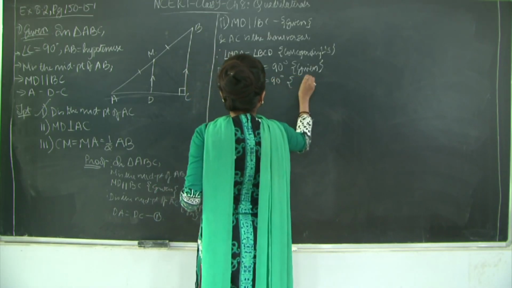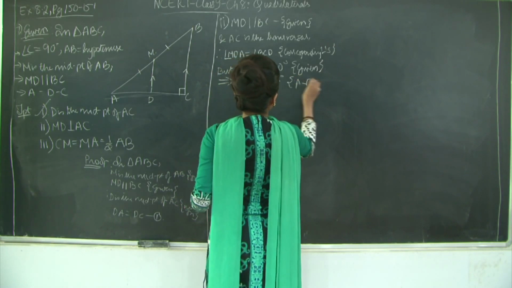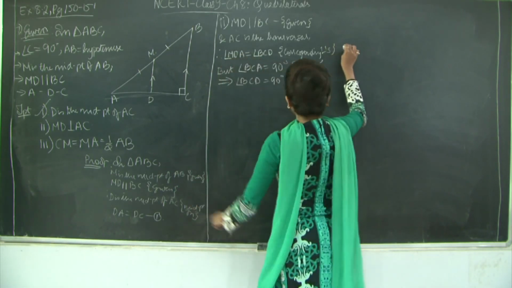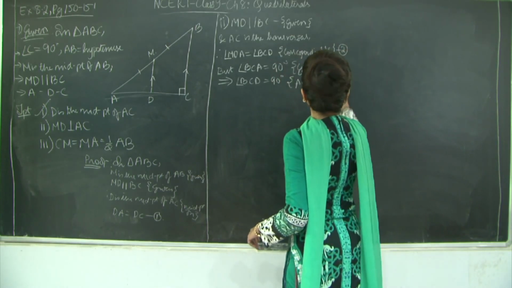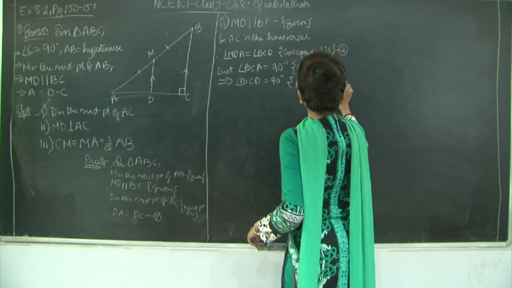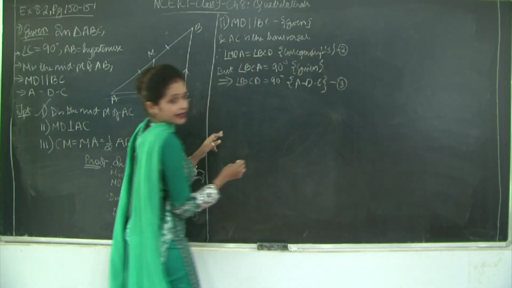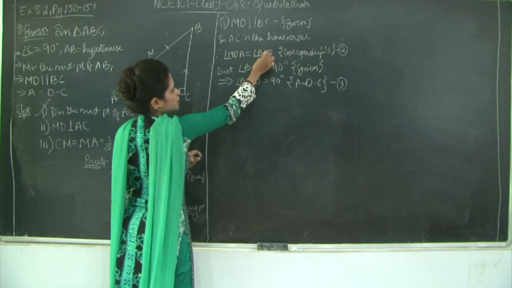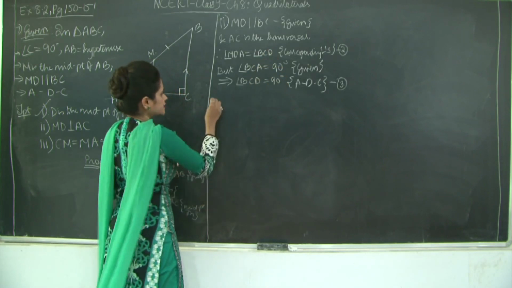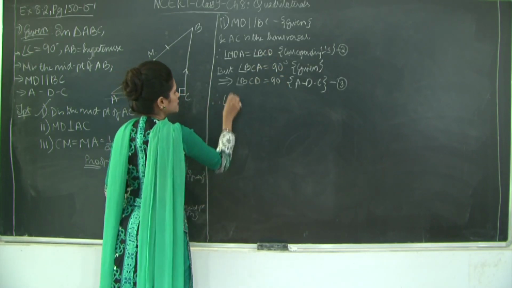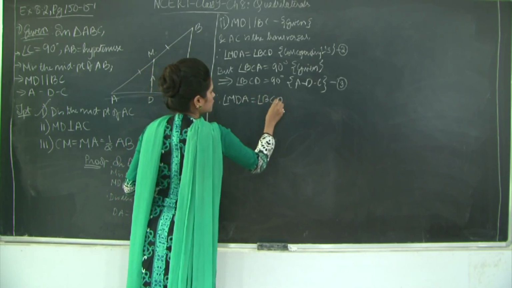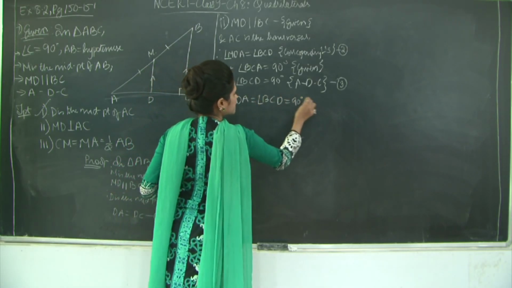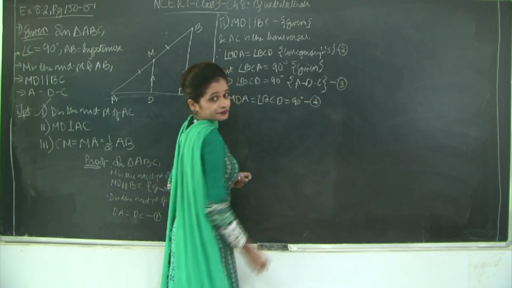Because D lies between A and C. So I'll give this equation number 2 and equation number 3. Correct? So from 2 and 3, what do I get? That angle MDA is equal to angle BCD, which is equal to 90 degrees. Let's mark this as 4.